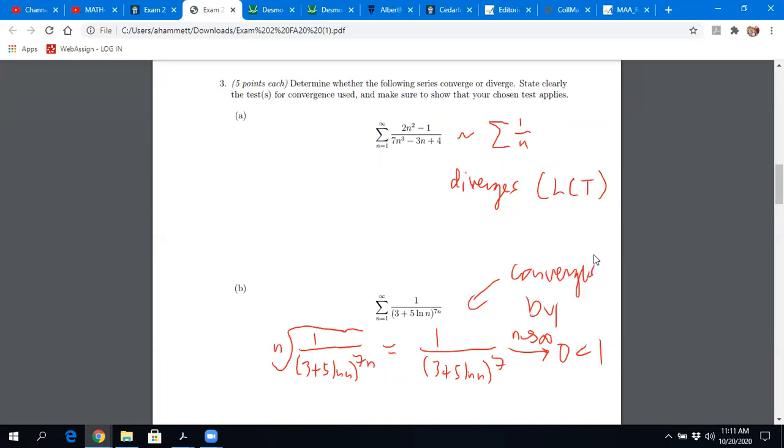Converges by root test. Okay, now, some of you did some clever things like a direct comparison by dropping the 5 logarithm of n, for instance. That would work, okay? But probably the easiest thing to do is the root test on this one. Any questions on that?